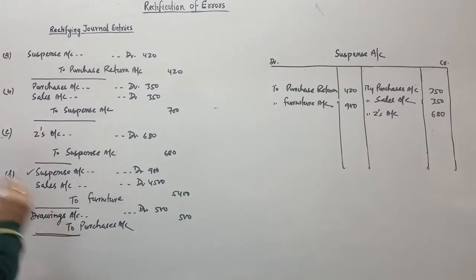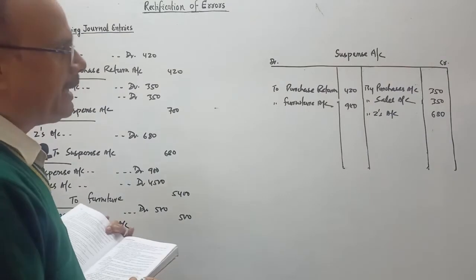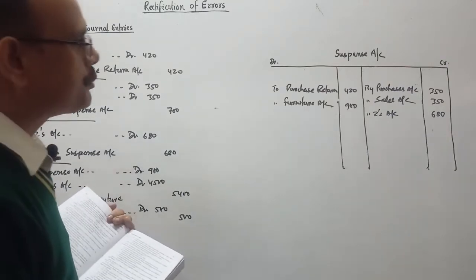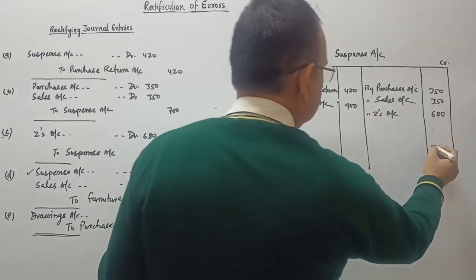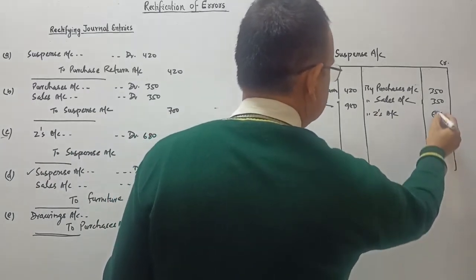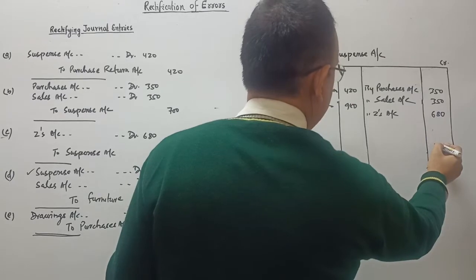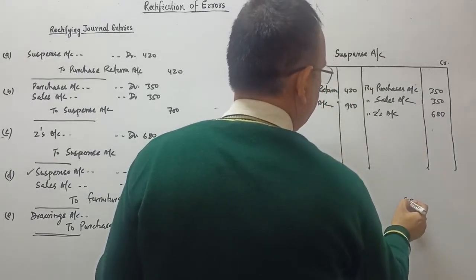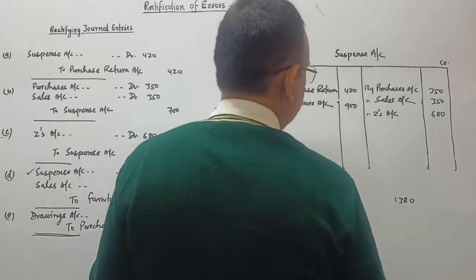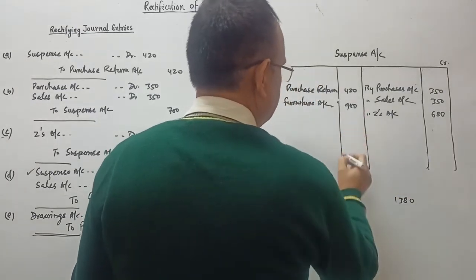Here there is no suspense, neither on debit nor on credit. Now you see which side is more. This side total is 1380 and this side is 1320.